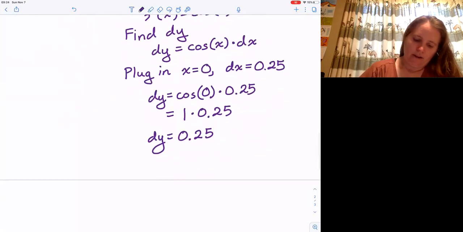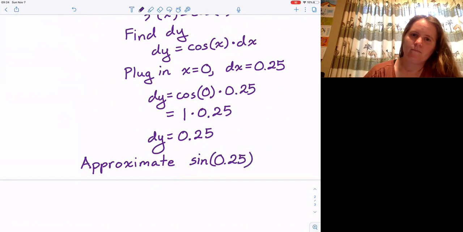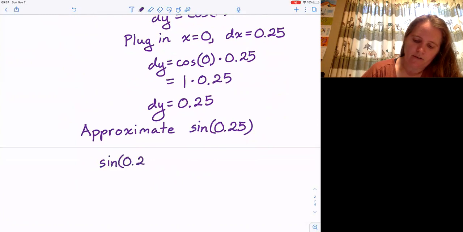So now we will go ahead and approximate sine of 0.25. Using what we had earlier, sine of 0.25 should be approximately sine of 0 plus our dy.